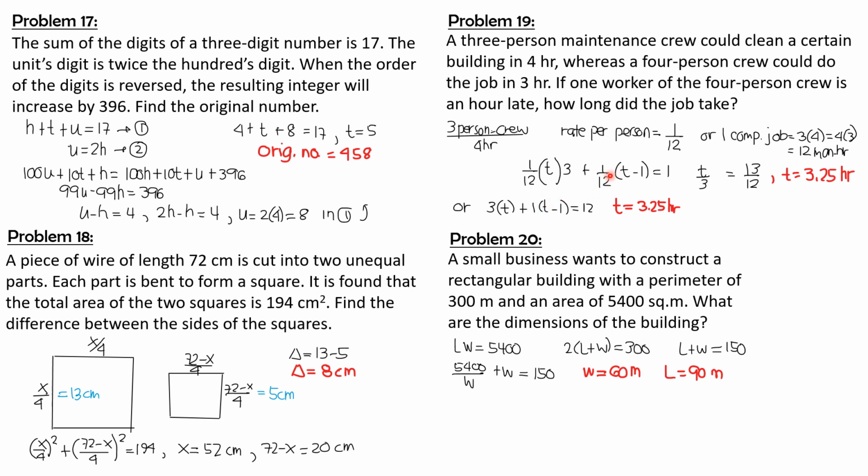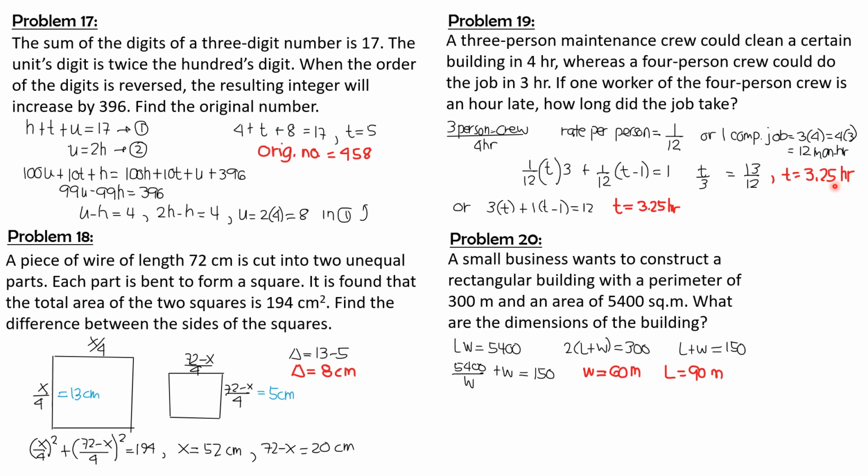Then only one will work for T minus 1, because that person was an hour late. So the working time of that person is T minus 1 only, times 1, only one person. We equate it to one complete job. Simplifying, we have T over 3 equals 13 over 12. Solving for T, T is 3.25 hours.